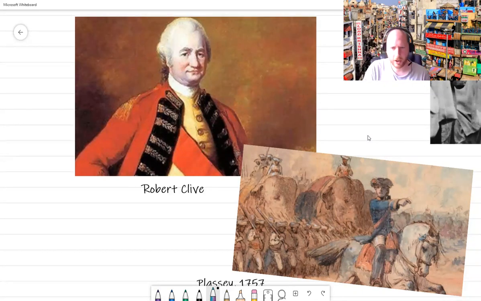Here we've got an artist representation of him leading his armies against the rulers of India at that time, the rulers of this kingdom. You'll notice his army is made up of elephants.